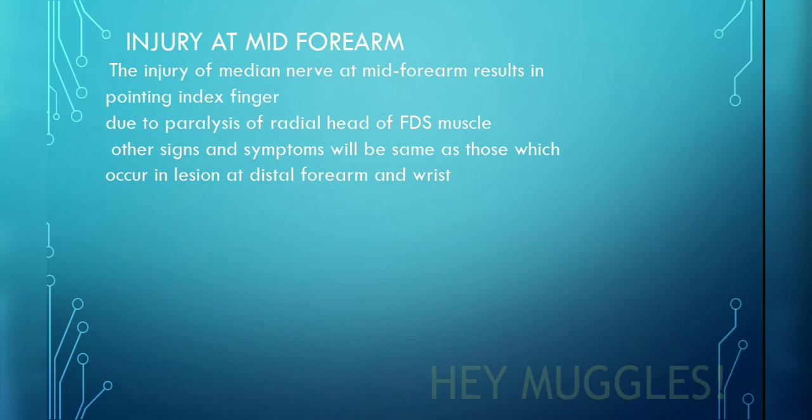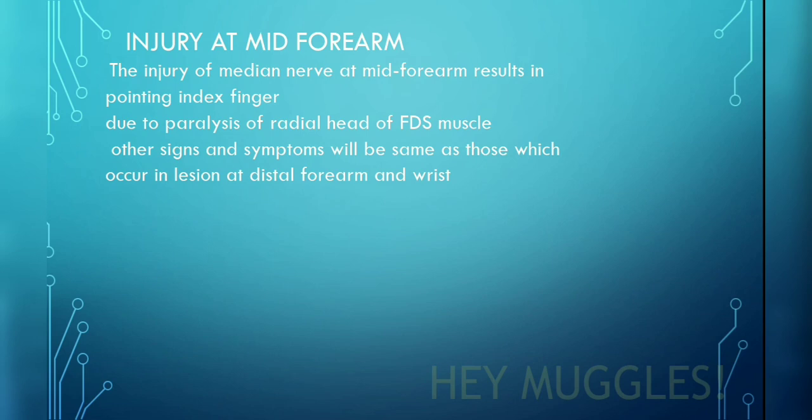Now comes the injury at the mid forearm. If there is an injury to your median nerve at the forearm, it would result in pointing index finger. It is because of the paralysis of your flexor digitorum superficialis muscle. The radial head of flexor digitorum superficialis muscle results in pointing index finger.